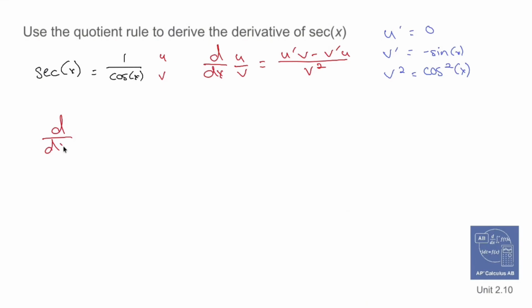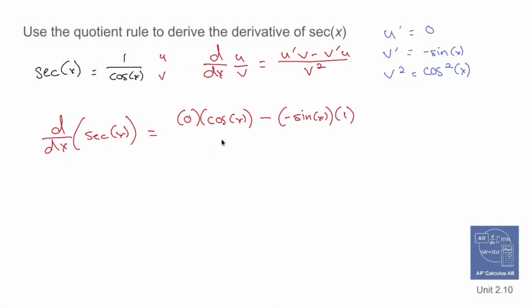The d dx of secant x is going to equal u prime v, so 0 times cosine x, that's going to make life easy, minus v prime, so minus negative sine, so a double negative right there off the bat, times u, which is 1, all over cos squared x.